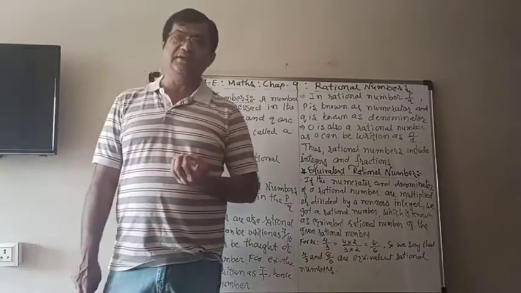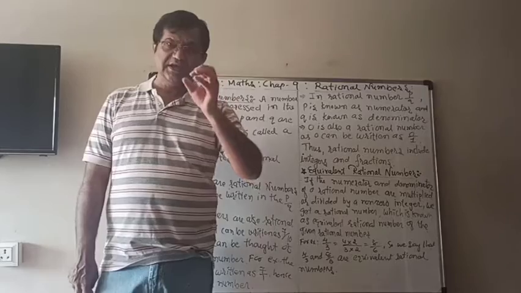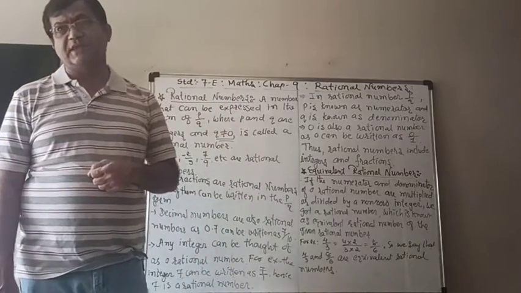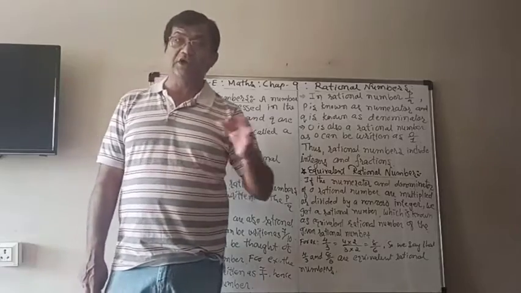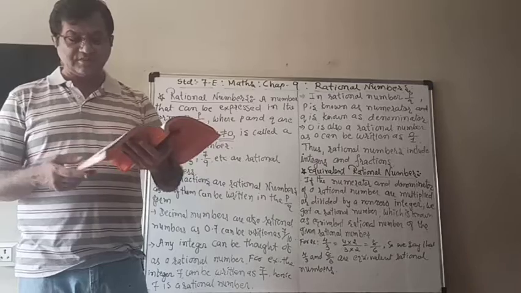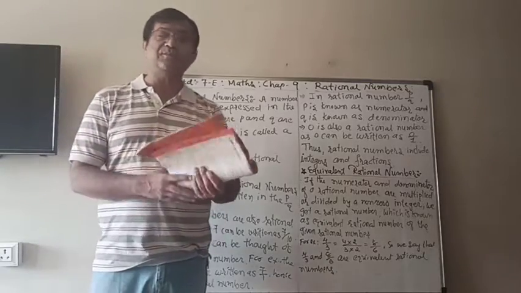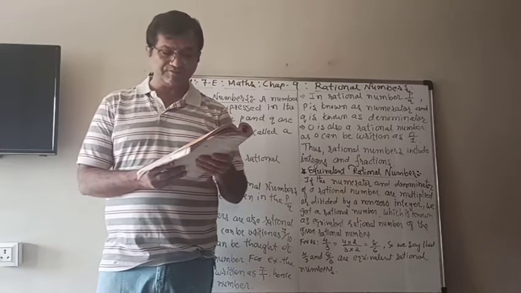In this situation, we can't express it as an integer. In this situation, we use the fractions or the fractional number, because it is not possible to express them as integers.